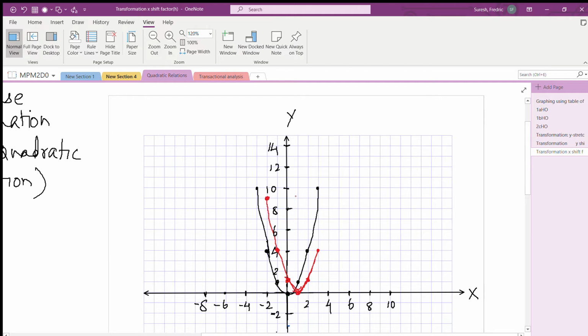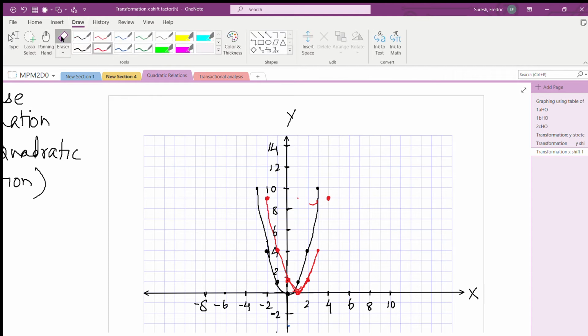So this is the location of the axis of symmetry. Now the point here is 3 units away. 1, 2, 3. Go to the other side 3 units away because of symmetry. 1, 2, 3. So I have another point there. So I can extend my graph and make it look nice.